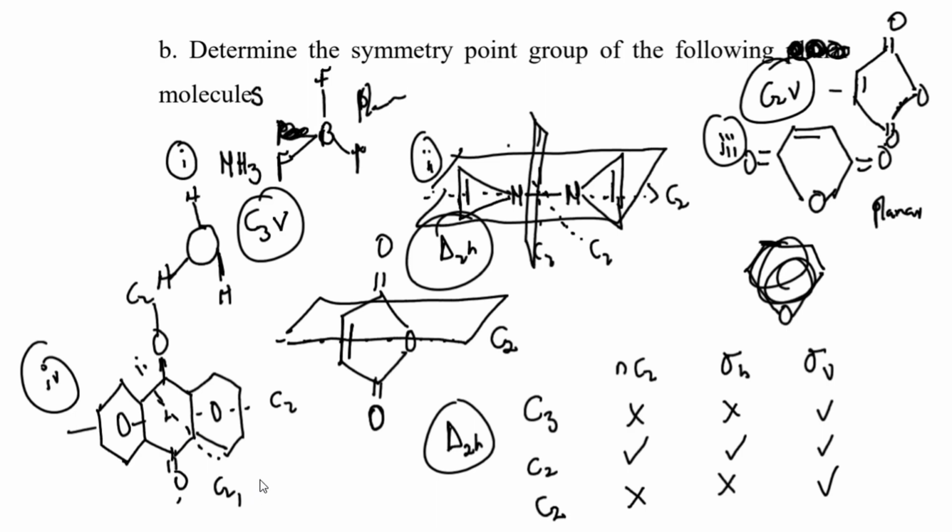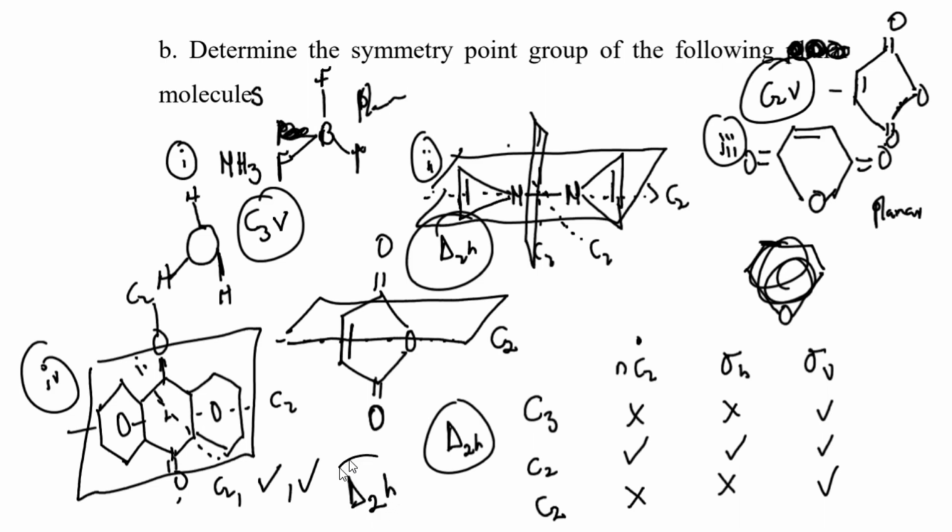So we have this one, it fulfills the C2, right? So the mirror plane also, the perpendicular mirror plane, it's cut from the top there, it's there. So the sigma V, we don't have to check for that. So we have it to be D2H, right? So that's that.